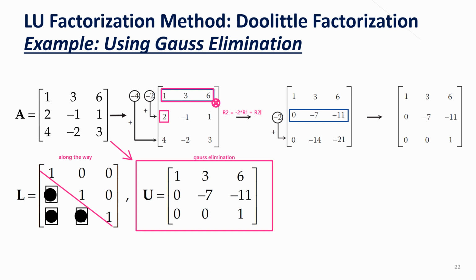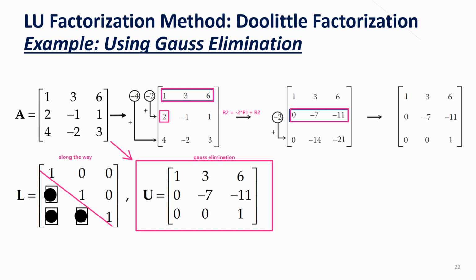So here you will have 1 multiplied by -2 plus 2 equals 0. 3 multiplied by -2 is -6, plus -1 equals -7. 6 multiplied by -2 plus 1 is -11. So you get the new value of row 2.